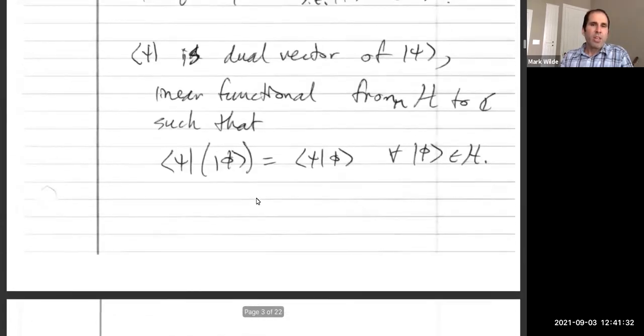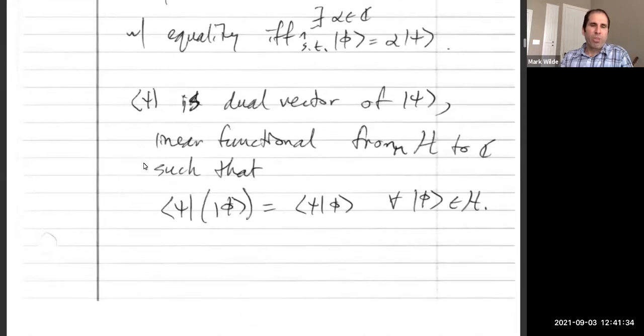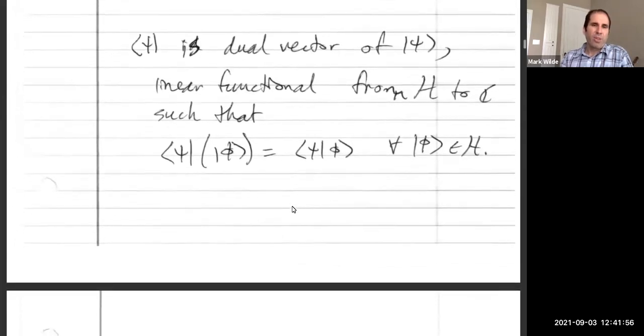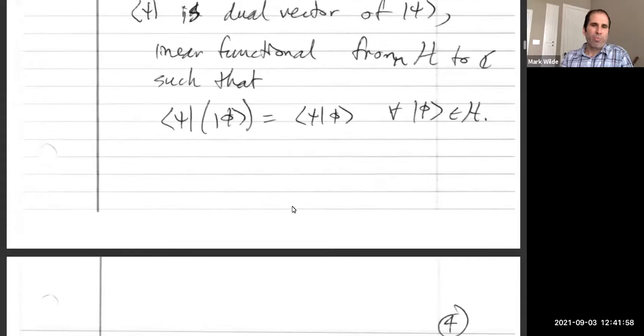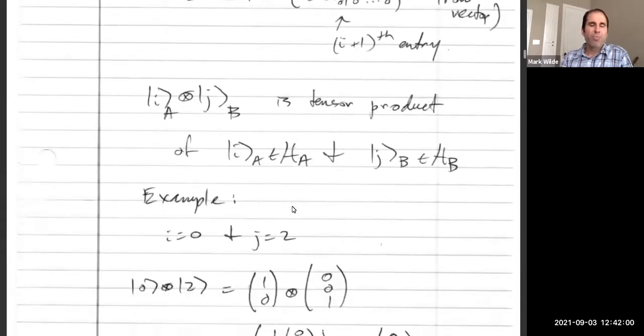More formally, you can think of it as a linear functional from a Hilbert space to a complex number. The functional accepts an arbitrary vector in the Hilbert space as input, and when you evaluate it, it evaluates the inner product between psi and phi. Okay, so that's all I'll say about that.